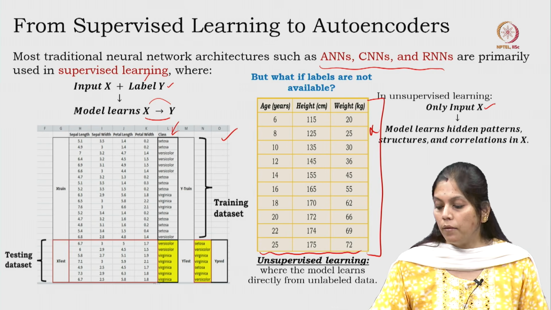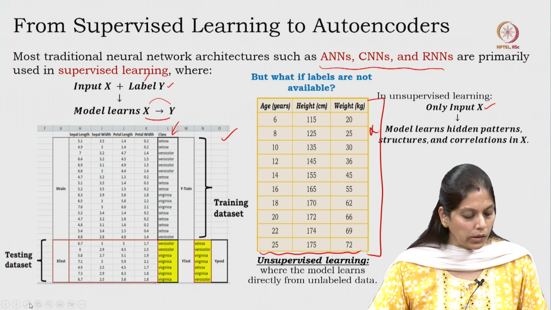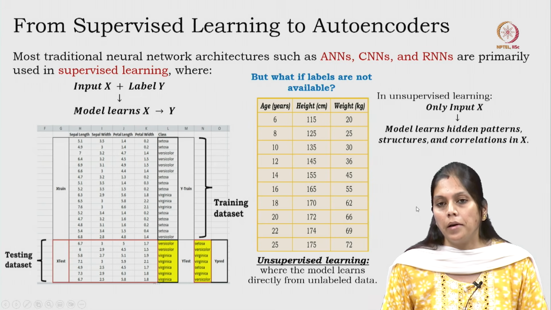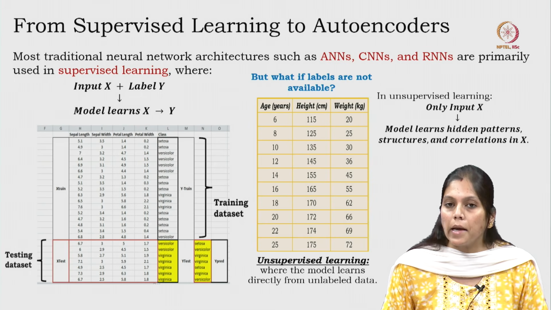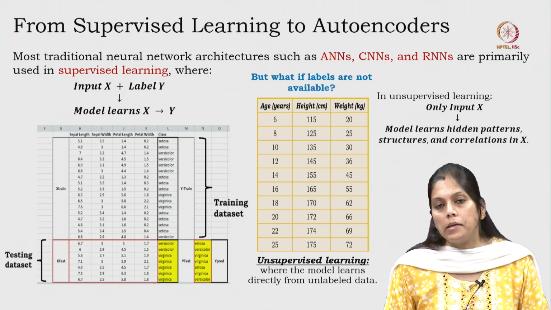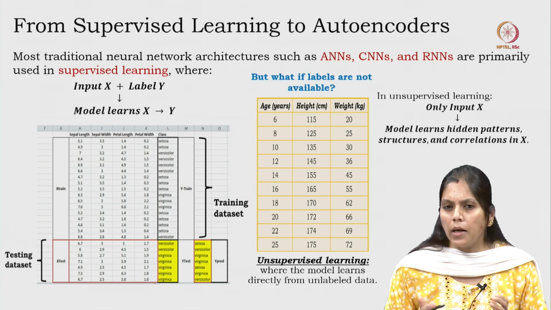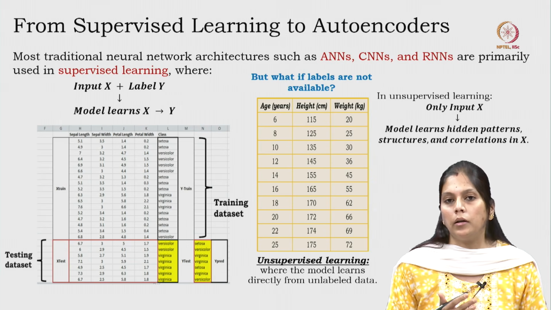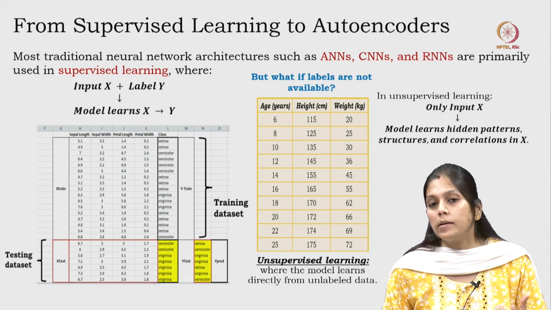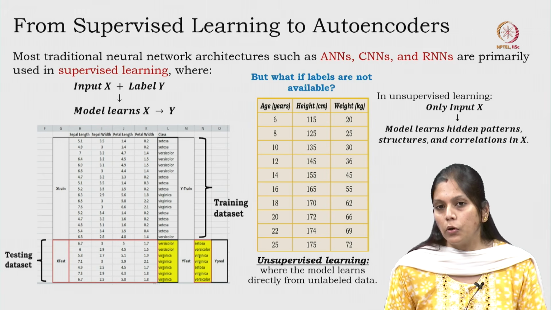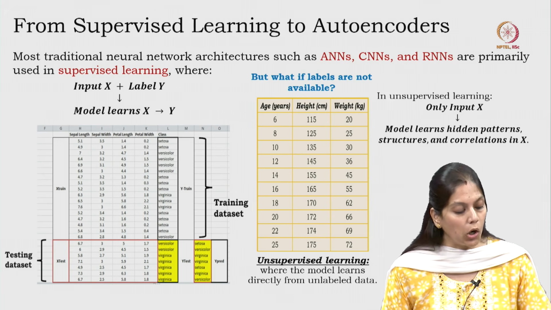Now all we have in unsupervised is an input data, and here the input data is represented as X. And what is it that the model is trying to learn? It learns the hidden patterns. Is there any correlation between the features, and what exactly is the structure of the data? This is the primary objective of unsupervised learning models.